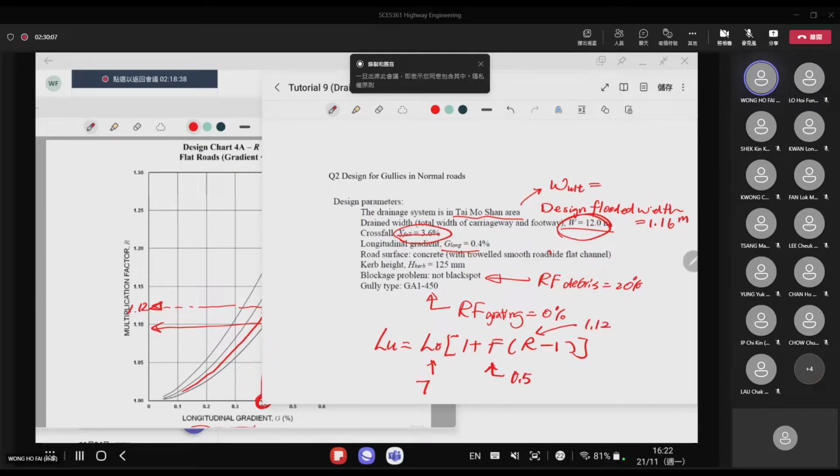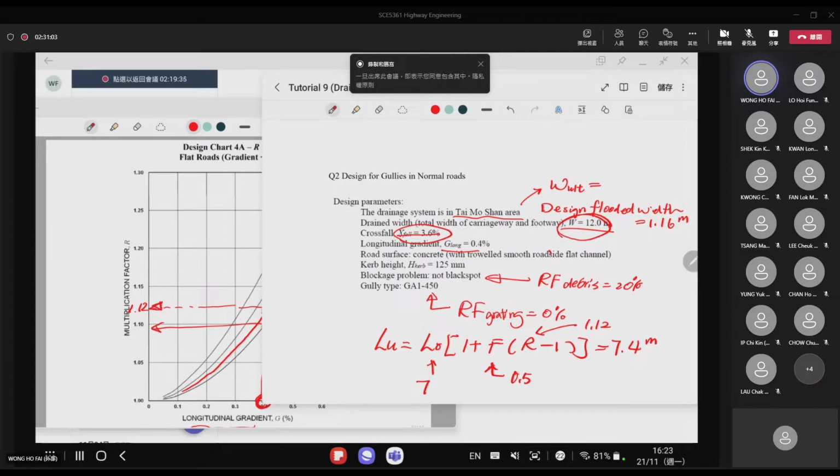So you just multiply all these factors. Then you will get the value of around 7.4 meters, okay?